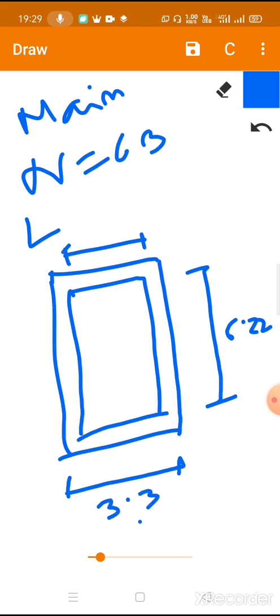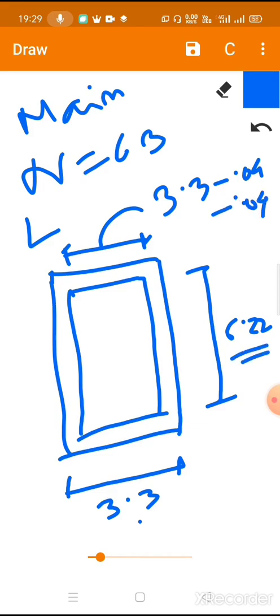So this will be 3.3 minus 0.04 minus 0.04, just like this case. So this becomes 3.22. So the length of one bar is 3.22.